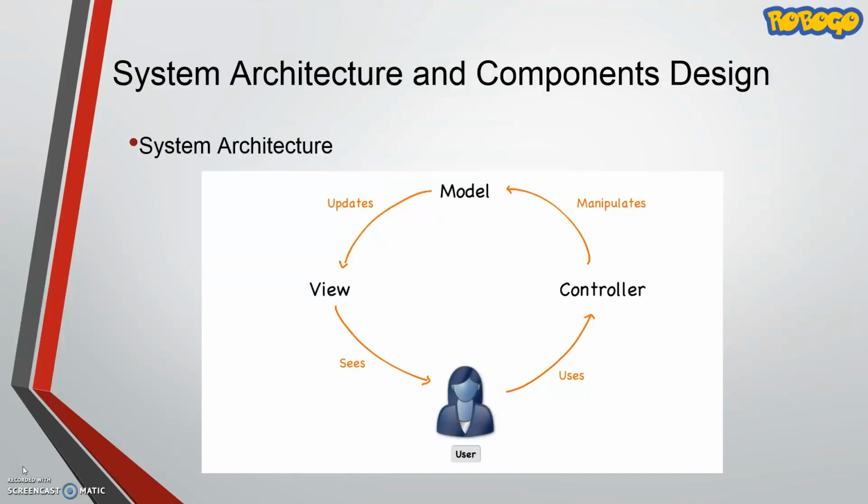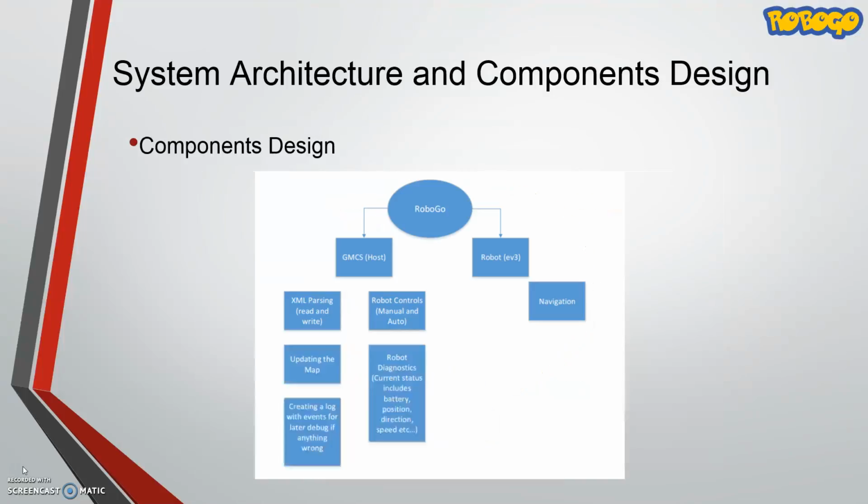Next we will move on to the component design. We let the host, which is the client side, the PC or computer, do most of the processing, as you can see from this diagram. The robot is only in charge of navigation and returning feedback from the sensors, such as the light sensor and the optical detection sensor.